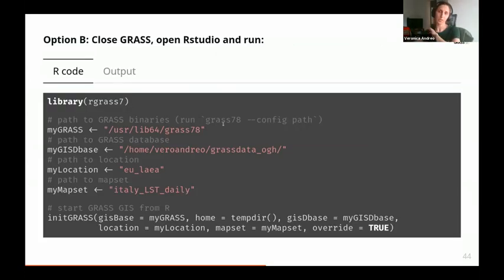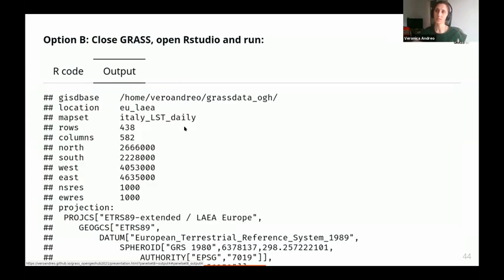So basically, if you were running GRASS, you close it, just open RStudio or R, how you like it, load the library, and then we set where the GRASS binaries are, which is the GRASS data, the location, and the mapset, and we run initGRASS, okay? And this will give us the metadata of the GRASS session.